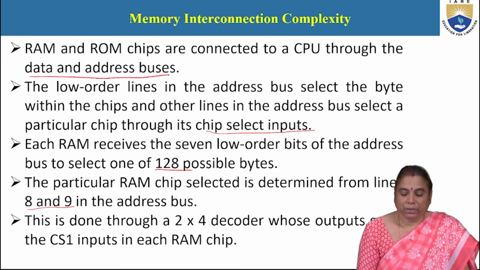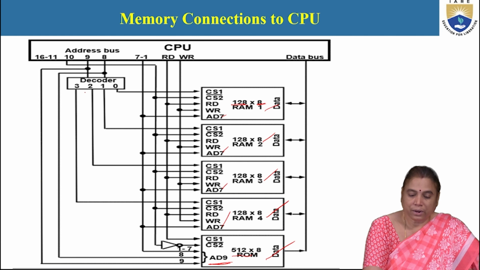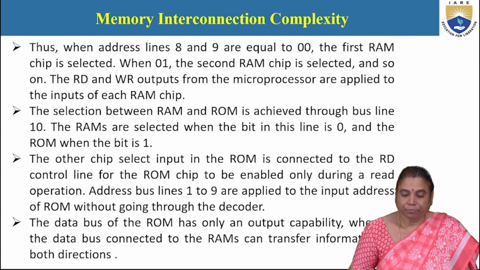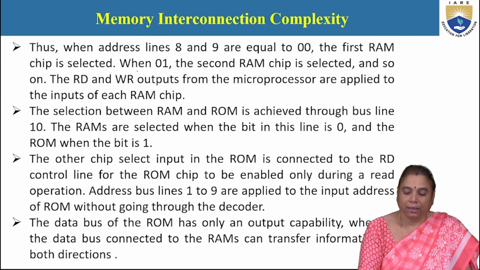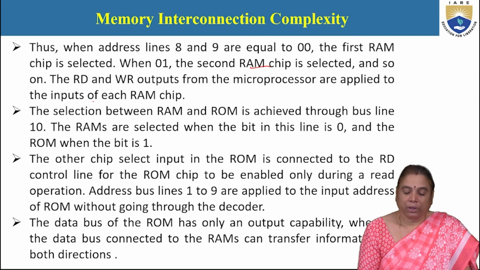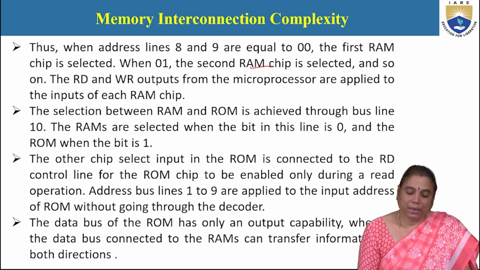This is done with the help of the 2x4 decoder, which activates the chip selection lines. Thus when address lines 8 and 9 are equal to 0, 0, the first RAM chip is selected. In case of 0, 1, the second RAM. In case of 1, 0, the third RAM. In case of 1, 1, the next. Like this, the chips are selected.